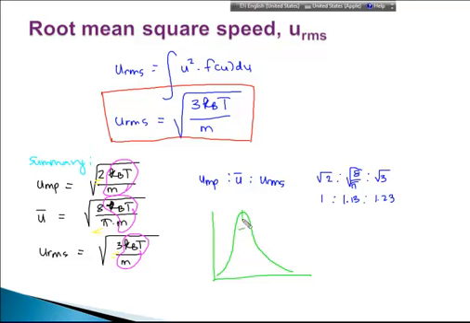Here this represents the most probable speed, and right here, slightly on its right, is the average, and slightly further to the right is what we call the root mean square speed. So these three speeds represent the overall movement of a sample of a gas as a function of temperature.